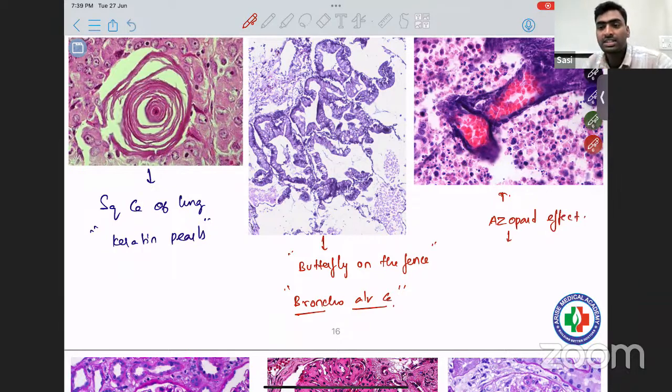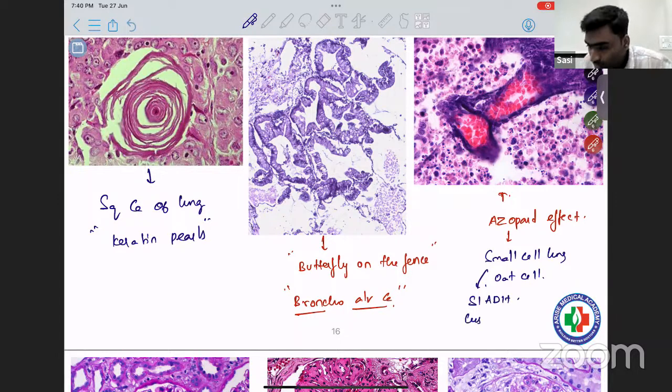This is because of the involvement of the vessels, and it will be because of small cell lung cancer, also known as oat cell. And small cell lung cancer can result in multiple paraneoplastic syndromes, such as syndrome of inappropriate ADH secretion and Cushing syndrome. What is one more syndrome associated with small cell lung cancer?